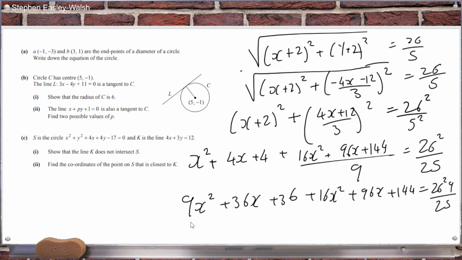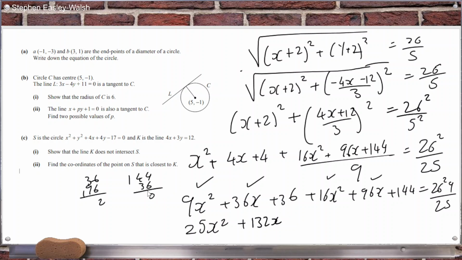Okay, 25x squared, and then 36 and 96 is 132x, and then 144 and 36 makes it 180, equals 26 by 26 by 9 over 25.